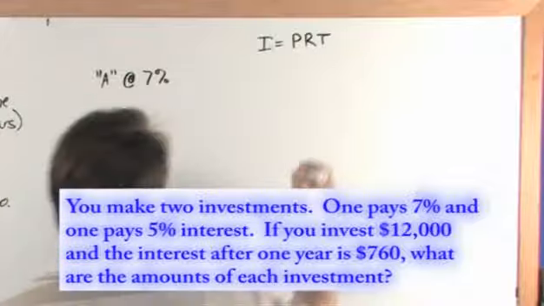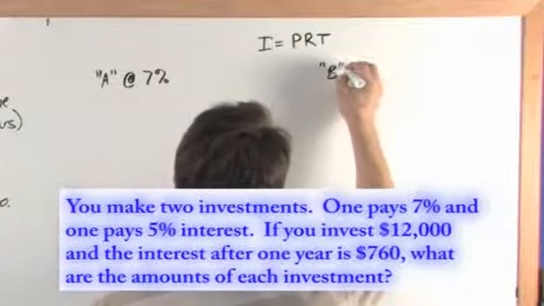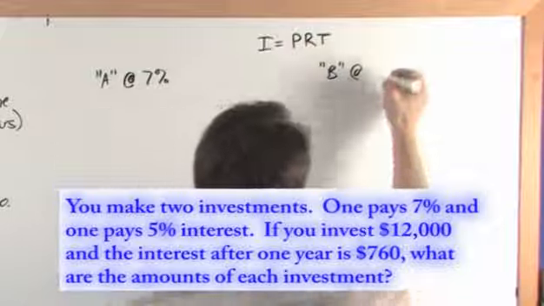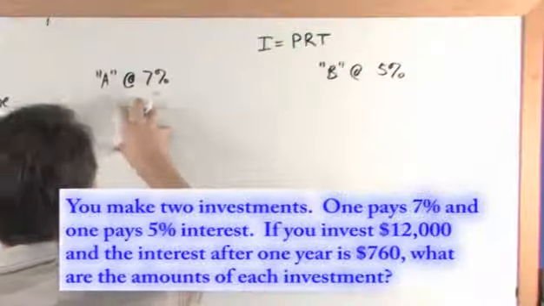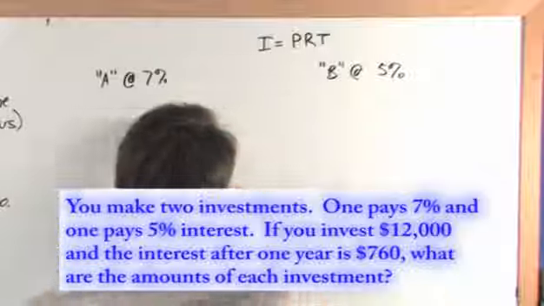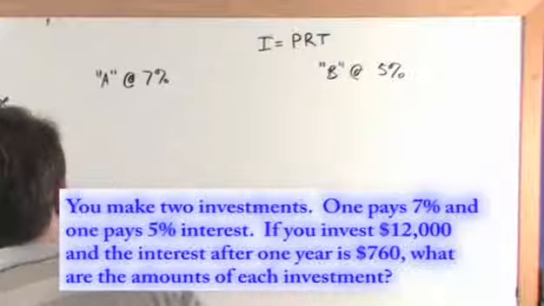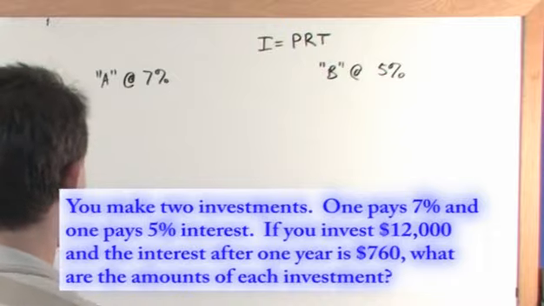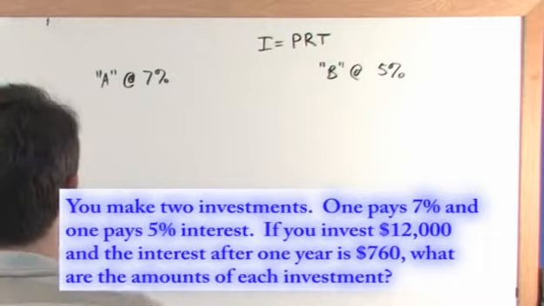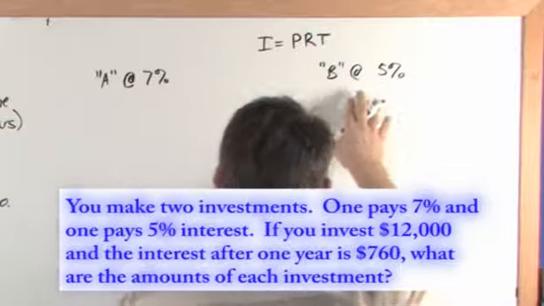And you have investment B at 5% interest. Now we put so much money in A and so much money in B, and they grow at different rates, and at the end of the day, we have an interest of $760 that we've actually earned. And we're trying to figure out how much money did we put in A and how much money did we put in B.